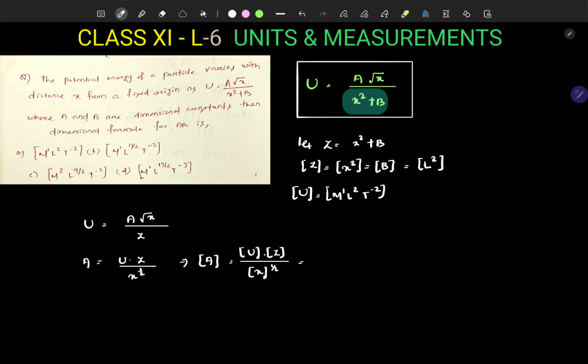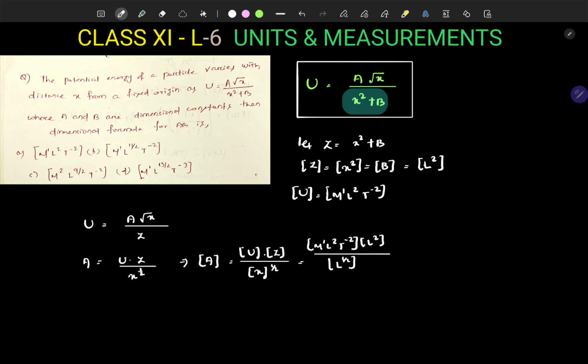So the dimension of U is M1 L2 T minus 2. Next is the dimension of z, that is L2, and the dimension of x is L1 power 1 by 2, that is L power 1 by 2.